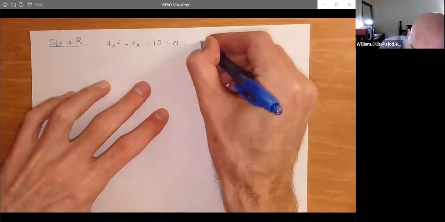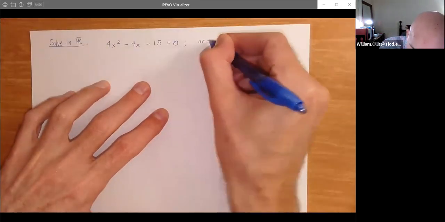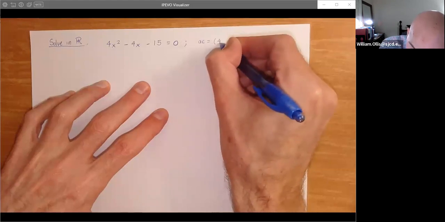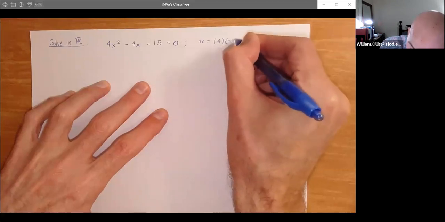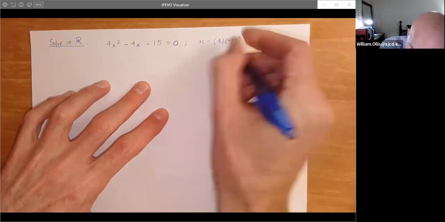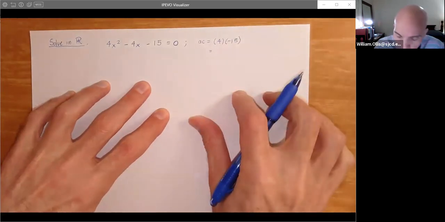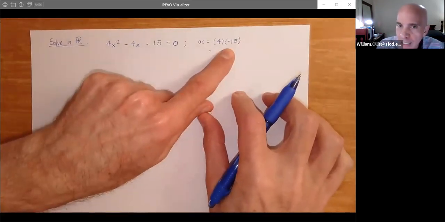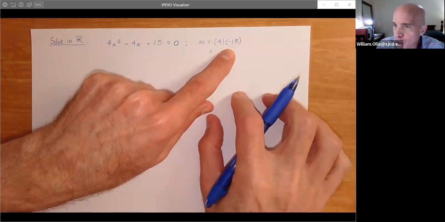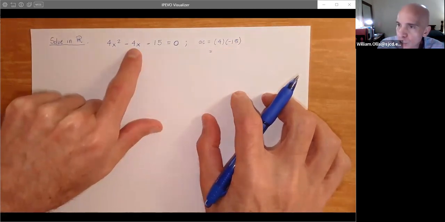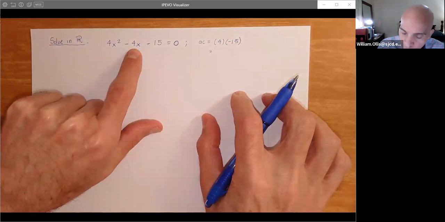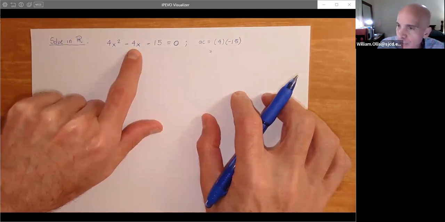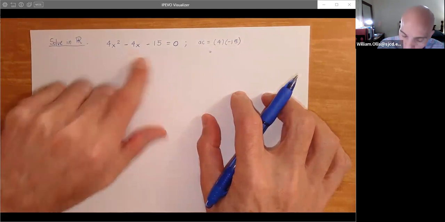So let's look at AC. So this will give us 4 times the negative 15. Now, of course, when we check this, we see the sum here is negative 11. And well, you know, that's not what we need. The equation is telling us that we need a negative 4, but we can actually rewrite this in a way that will allow us to get where we want to go.